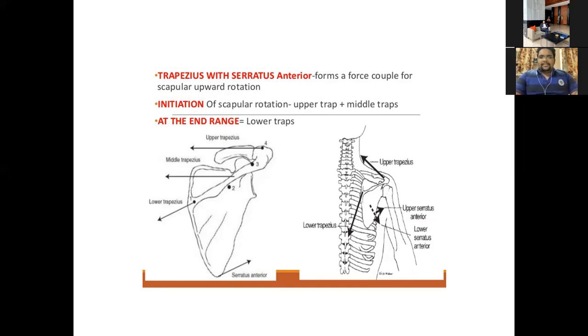But to dissipate the forces occurring because of lower trapezius and the upper and lower serratus anterior, the motion occurs at the next available joint, that is the sternoclavicular joint. So what motion will occur?